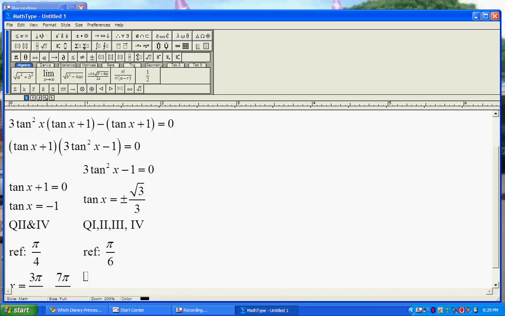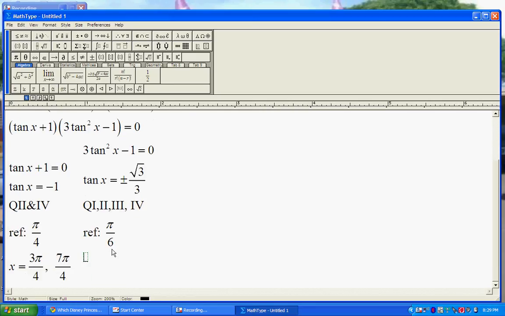So in the 4 quadrants, this is going to turn out to be pi over 6, 5 pi over 6, 7 pi over 6, and 11 pi over 6.